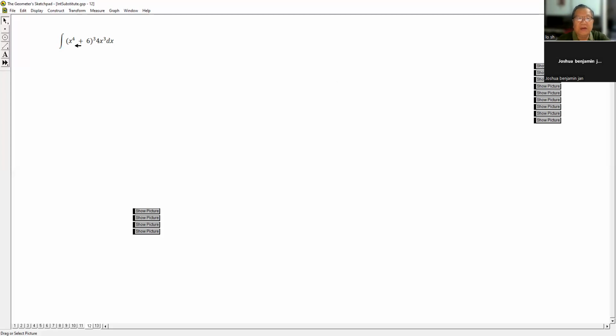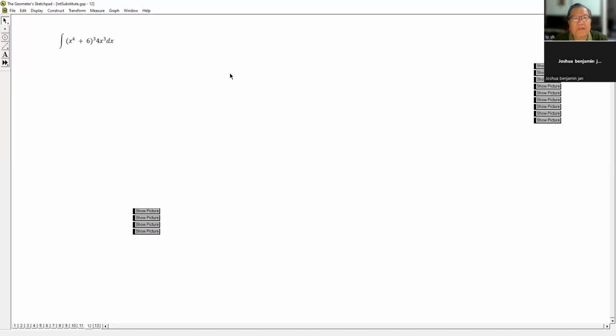This is a composite function. It consists of x to the power 4 plus 6 as one function, and the whole thing raised to the power 3 as another function. So the thing that makes it very difficult is this x to the power 4 plus 6 bracket raised to the power 3.